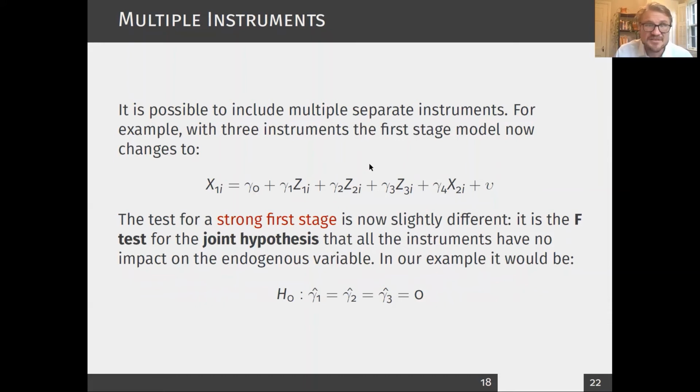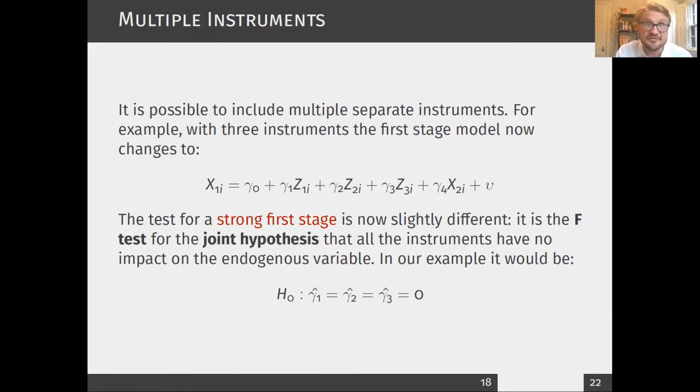And then that just means that in the first stage, you throw in all these different variables, and all of them separately can predict the endogenous variable, which is included in the second stage, in addition to this exogenous control variable. So all these instruments would then be included in the first stage, but not the second stage.